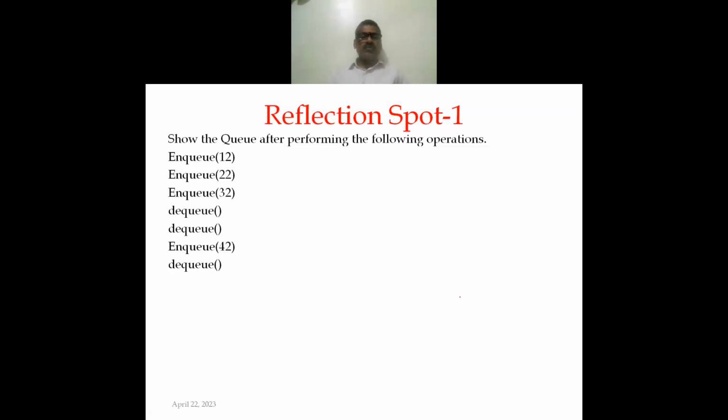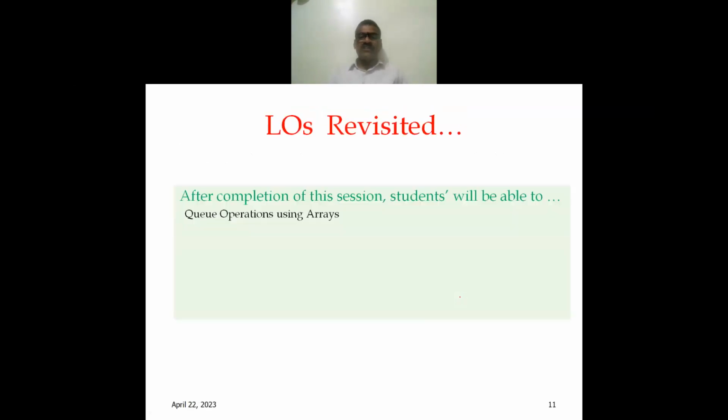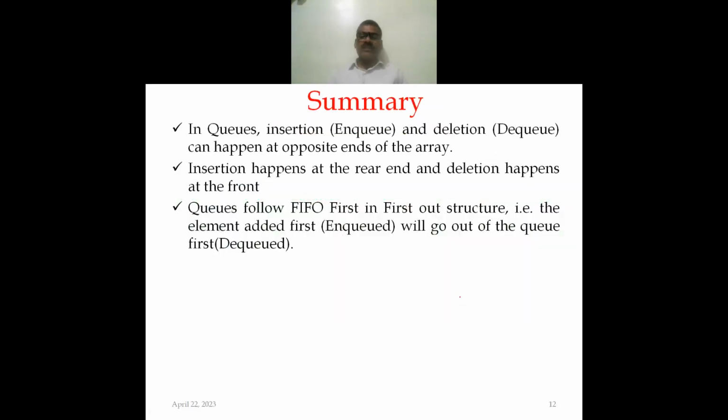Okay. So LOs are revisited here. After completion of the session, students will be able to implement the Q operations using arrays. So the summary of today's session is that Q is a data structure where insertions and deletions take place at opposite ends of the array. Insertion operation is also called NQ operation and deletion operation is called DQ operation.